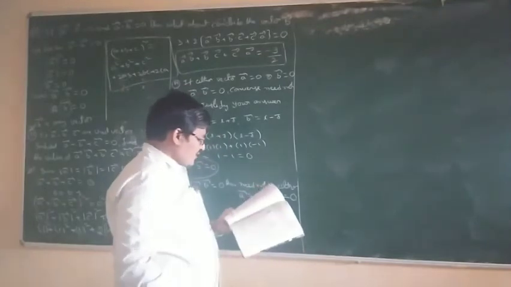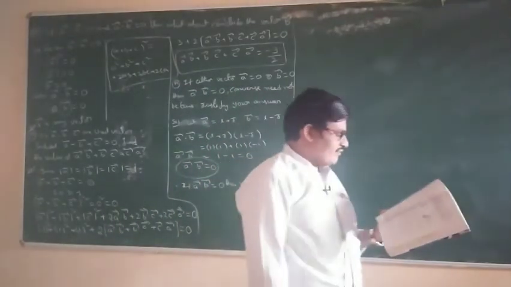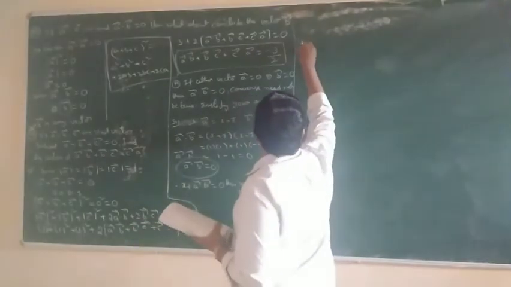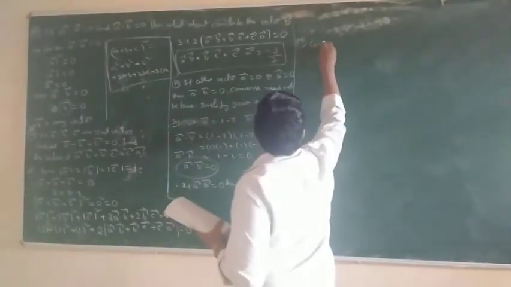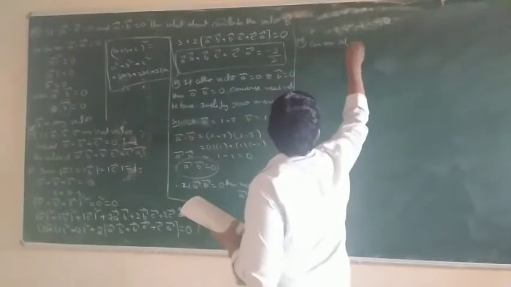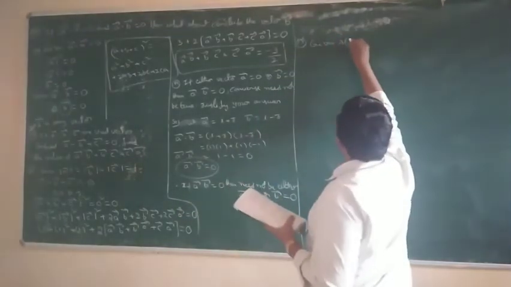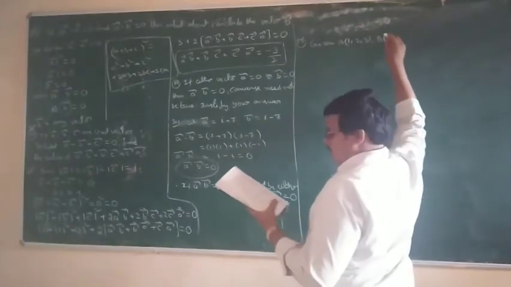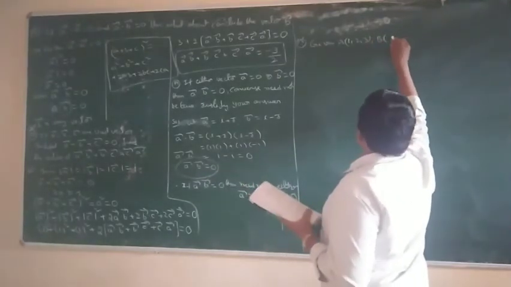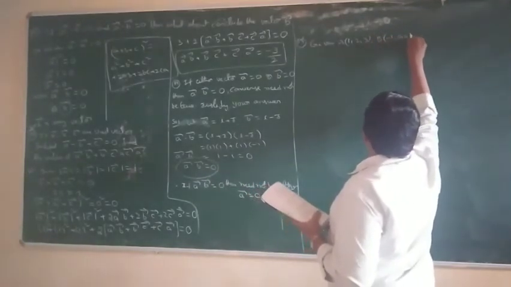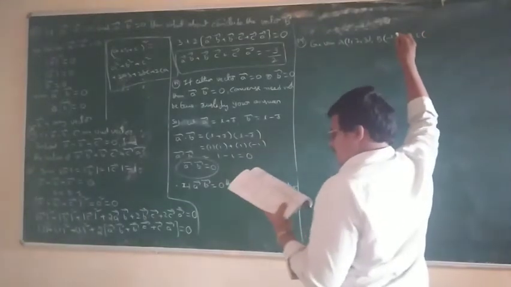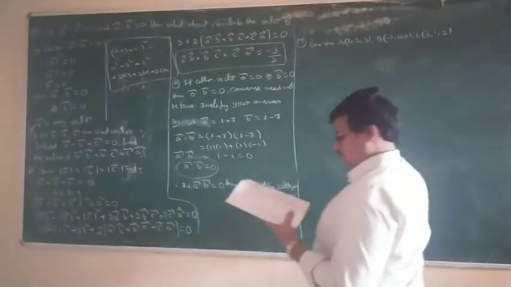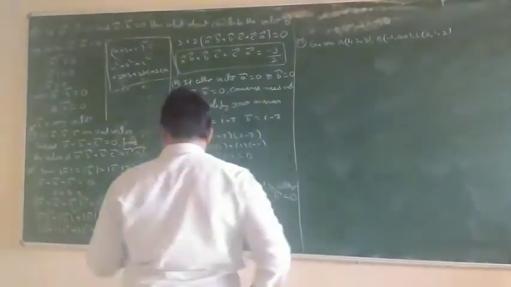If the vertices a, b, c of a triangle ABC, which one? 15th problem. Given, which one is given? Vertices, a is 1 2 3, b is equal to minus 1 0 0, c is 0 1 2 respectively.